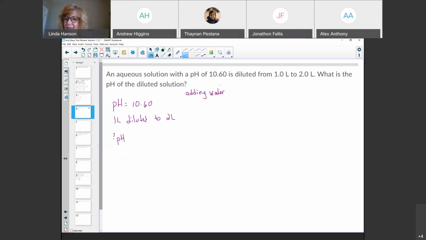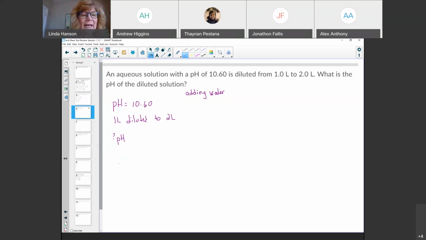Perfect. Yes, thank you. I agree. Absolutely. The more and more and more water that I add to the solution, the more it should become closer to 7, the pH of actual water. So I know my answer needs to be less than 10.6. That's just me thinking out loud logically.